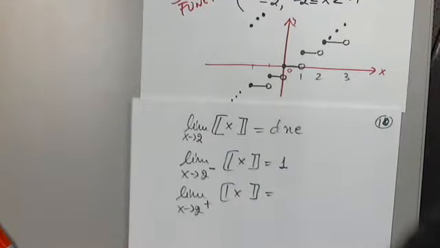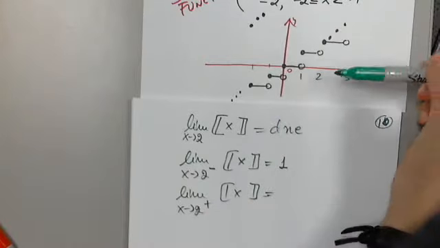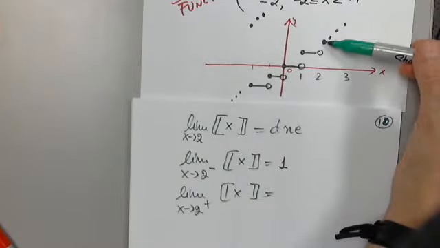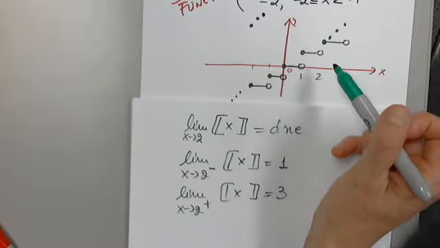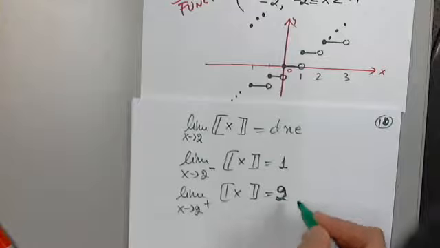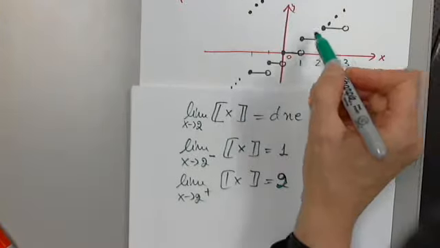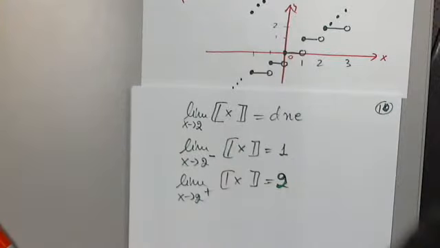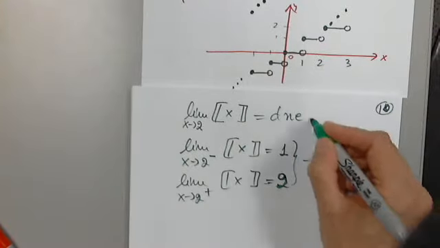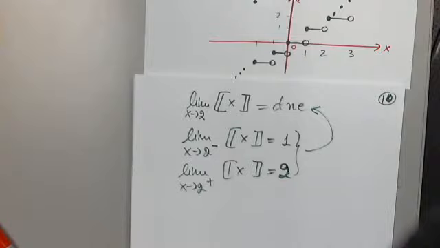What will you say? Right here. So 2 from the right. Yeah, 2. So this is 1 and this is 2. Therefore, the limit from either side does not exist. Any questions?